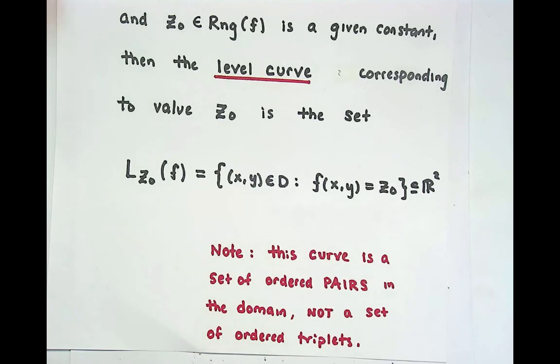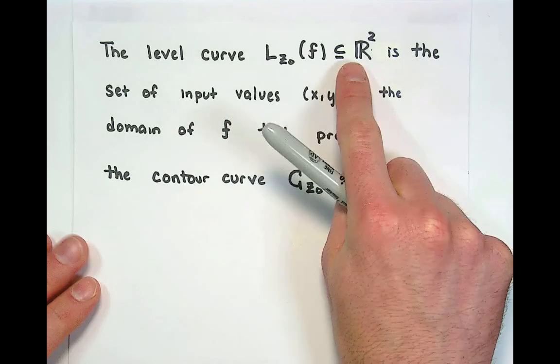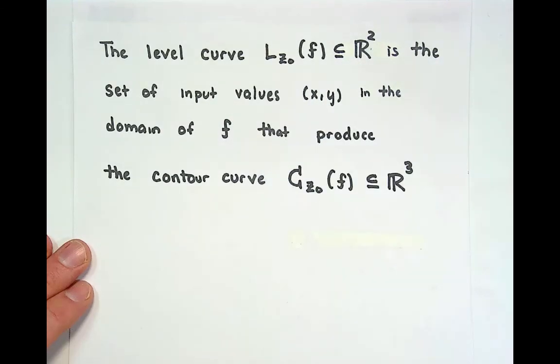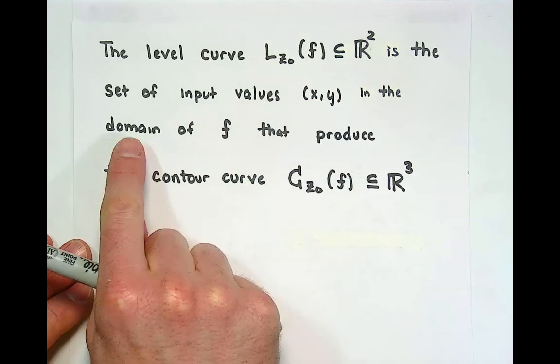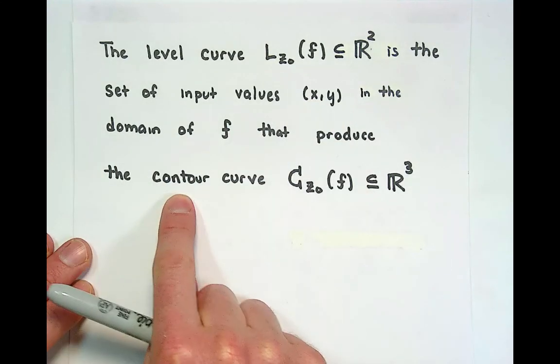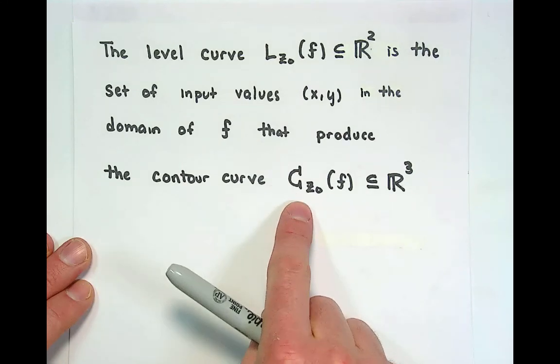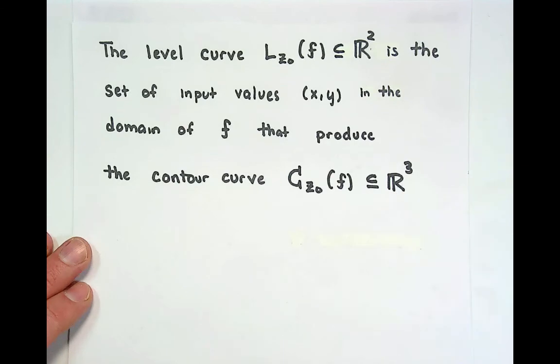So, just to bring home that point, level curves are subsets of R2 where we're going to actually visualize input values in the domain that produce the associated contour curve C sub z0 of f in R3.